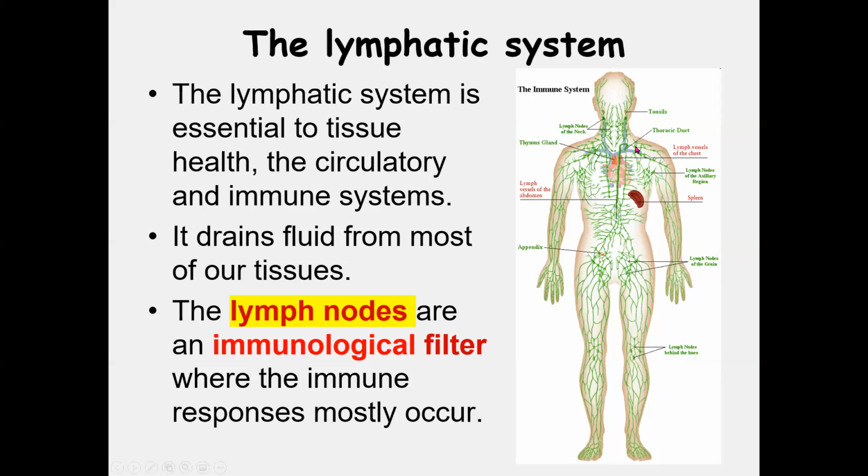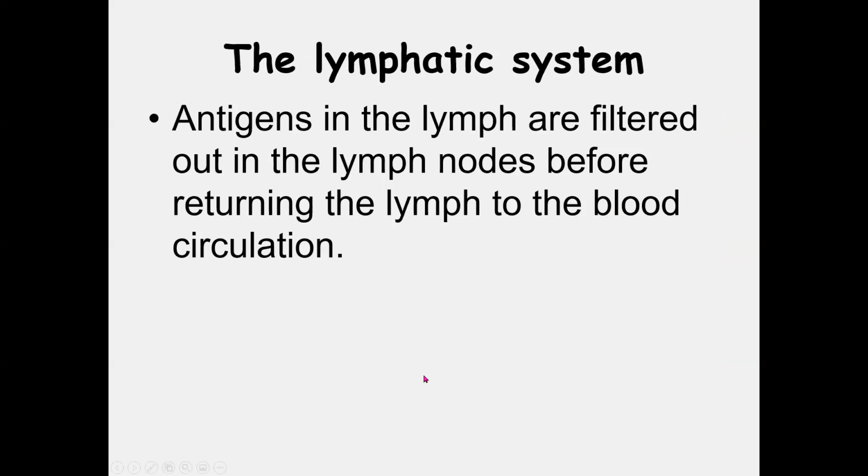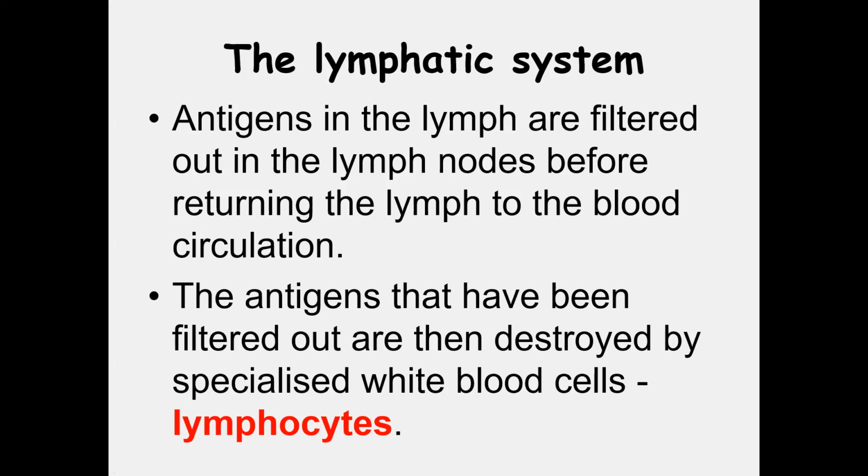The thoracic duct's got them as well. So they're all over the place. So everything is filtered before it gets to the blood and to the heart, mixing with the blood. The antigens that have been filtered are then destroyed by the lymphocytes. Remember, these are the cells in the lymph.